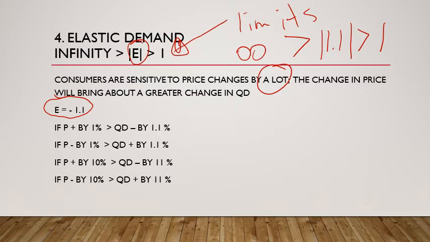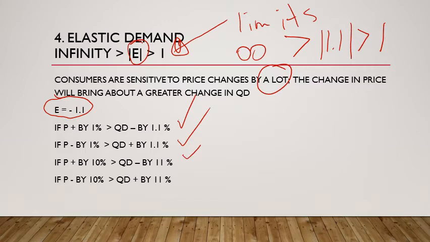Example 1 here. If price goes up by 1%, what happens to QD? QD goes down by 1.1%. If price goes down by 1%, then quantity demanded will go up by 1.1%. If the price goes up by 10%, QD will go down by 11%.